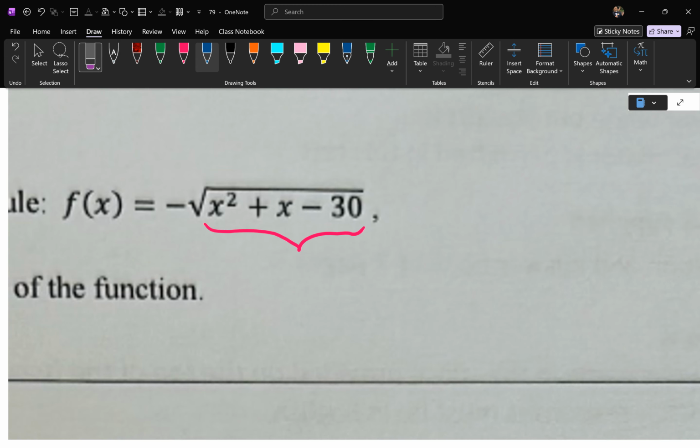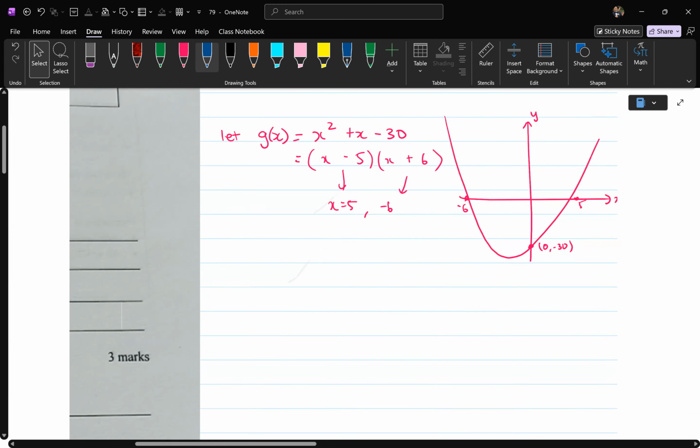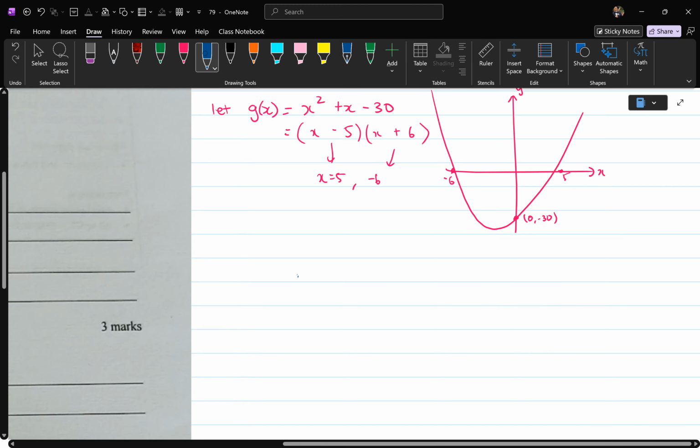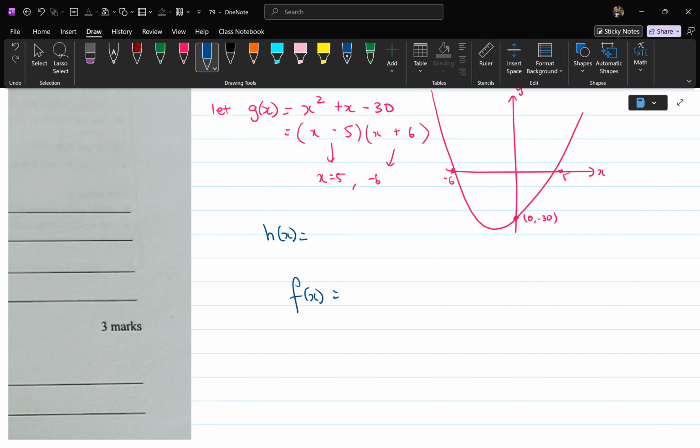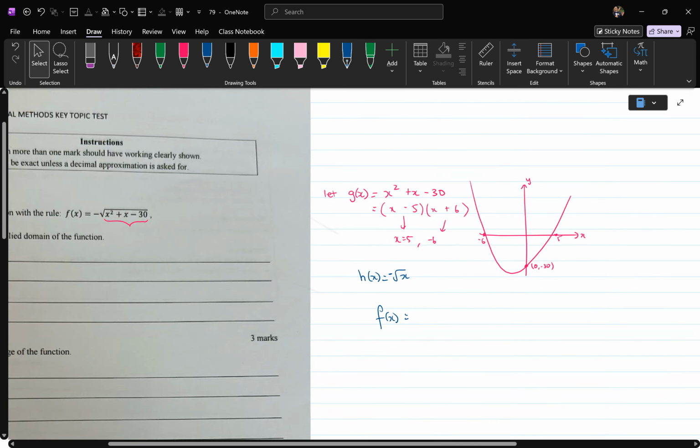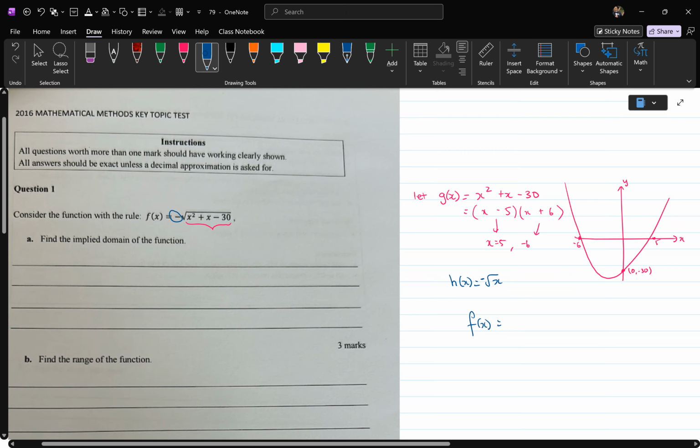So if you think about the composite function the way I taught it for 1E, if I said h of x was equal to root of x, no, negative root of x, because there's this negative at the front.